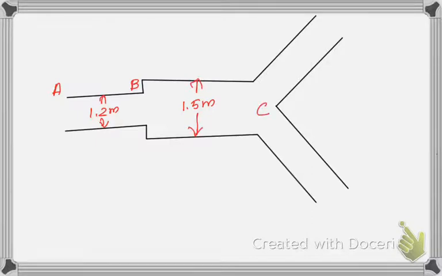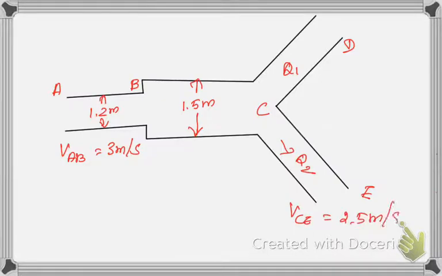At C the pipe branches, so I am writing like this. Let this be Q1, this is D, and this is E, and let this be Q2. Here the velocity is given to us as 3 meter per second, and CE is given as 2.5 meter per second. So this is what we are going to find.